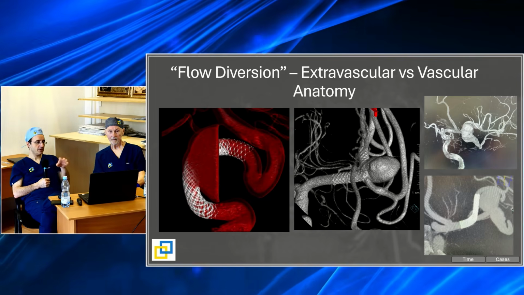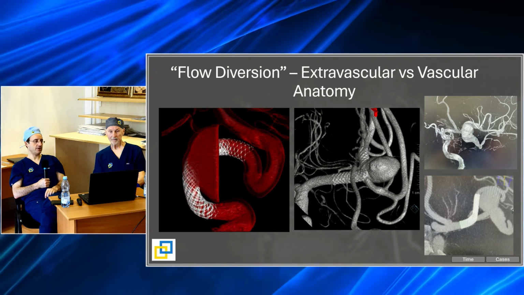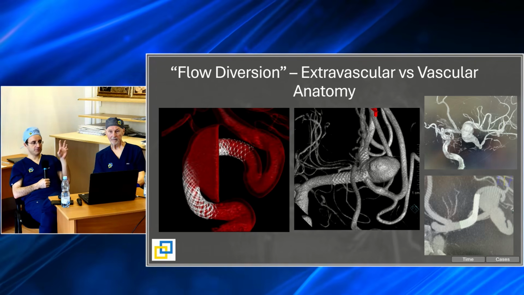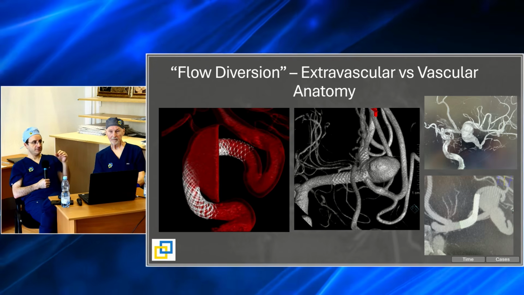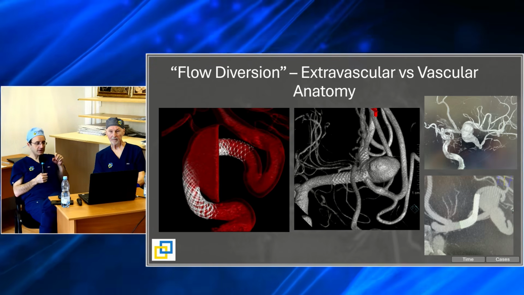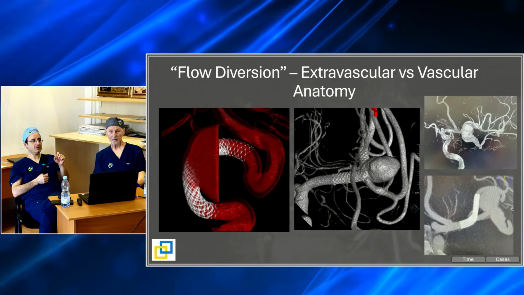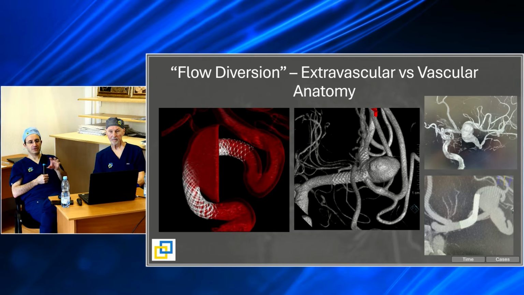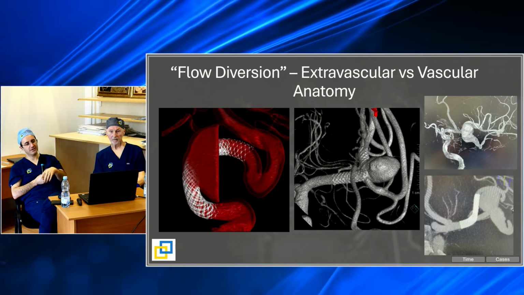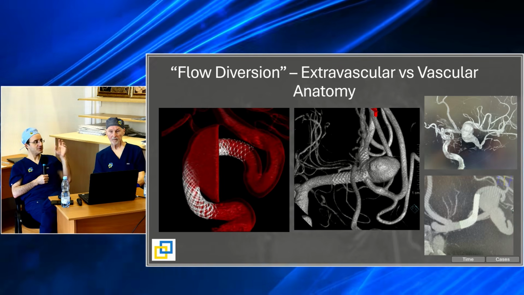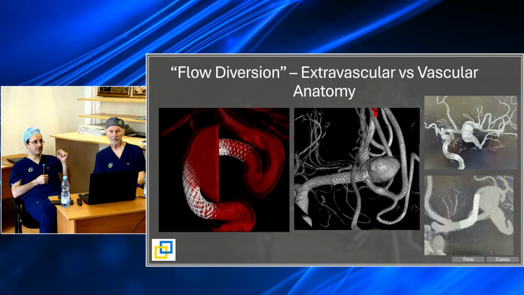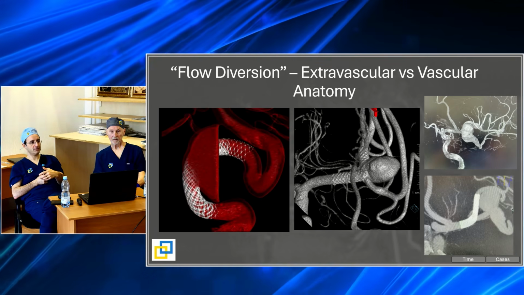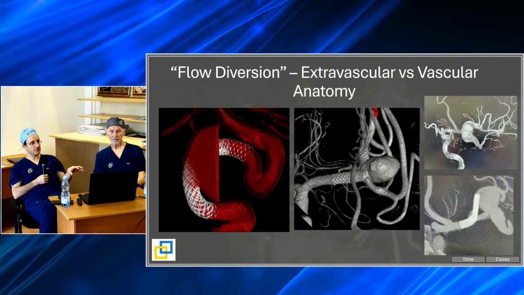The point that we would like to make today is that historically, when you think of what we call flow diversion, there is direct or classic flow diversion, and then there are these other newer areas like, can we flow divert the anterior communicating artery? What about distal flow diversion? What about posterior circulation? And so this is the concept of direct versus indirect flow diversion. Do you know what I'm talking about?